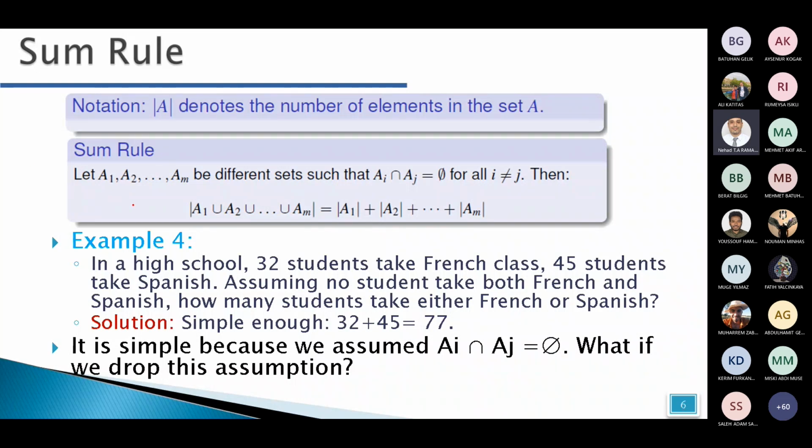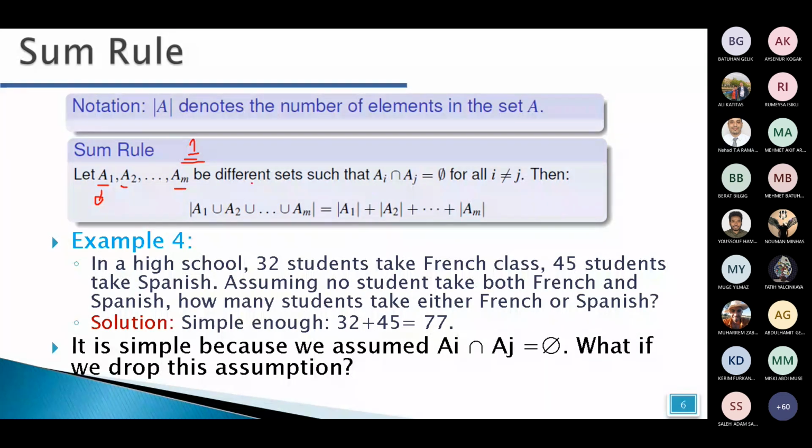If we have A1, A2 until AM, different sets, establishing one task, and we can do this task using A1 ways or A2 ways until AM ways.